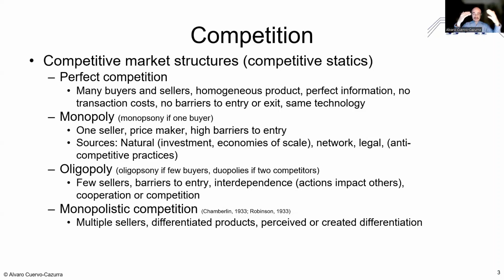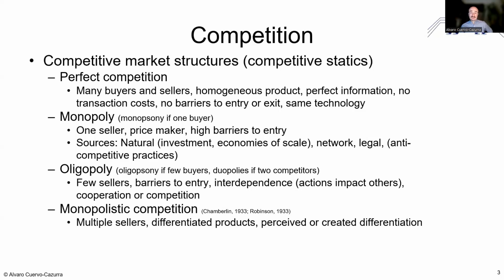So this is the notion that there are different types of competitive market structures, and this basically drives our understanding of how, if I'm running a company, I might be undermined by competition in my ability to continue my value creation and capture over time.